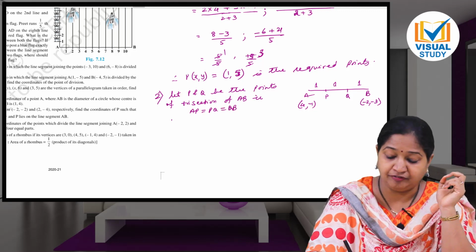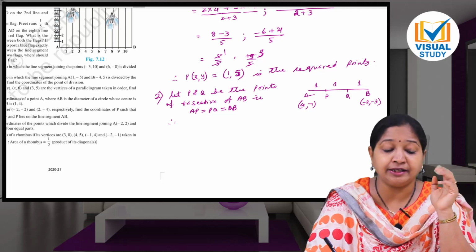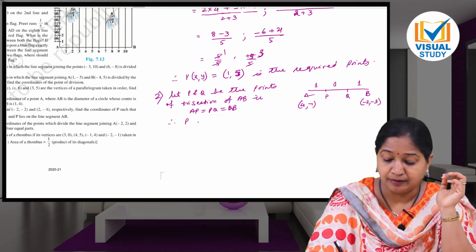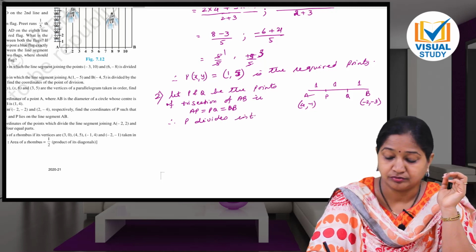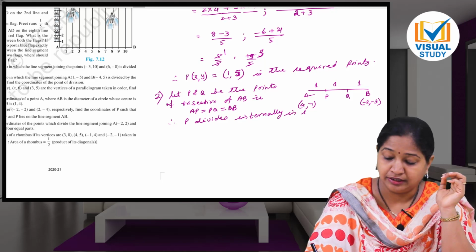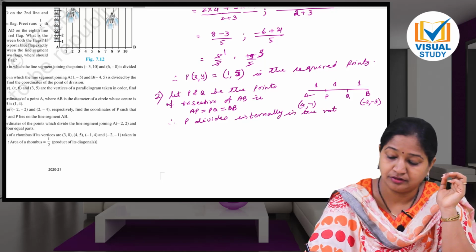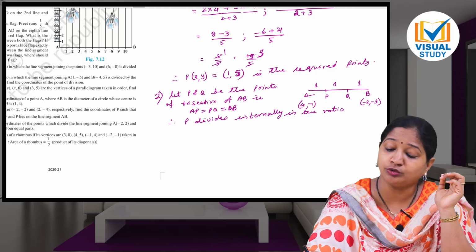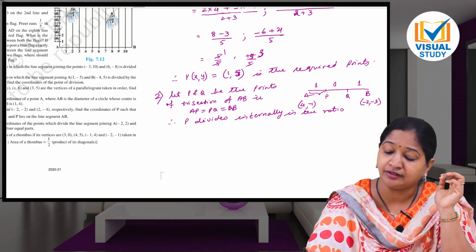Therefore, now what you know, P divides AB internally in the ratio 1:2. That means this part is your 1 and this total part is 1 and 1, 2.